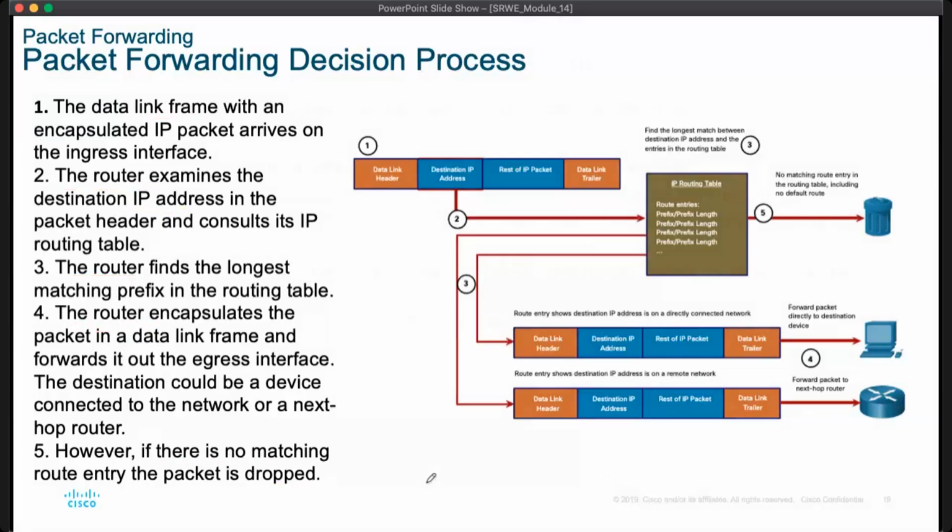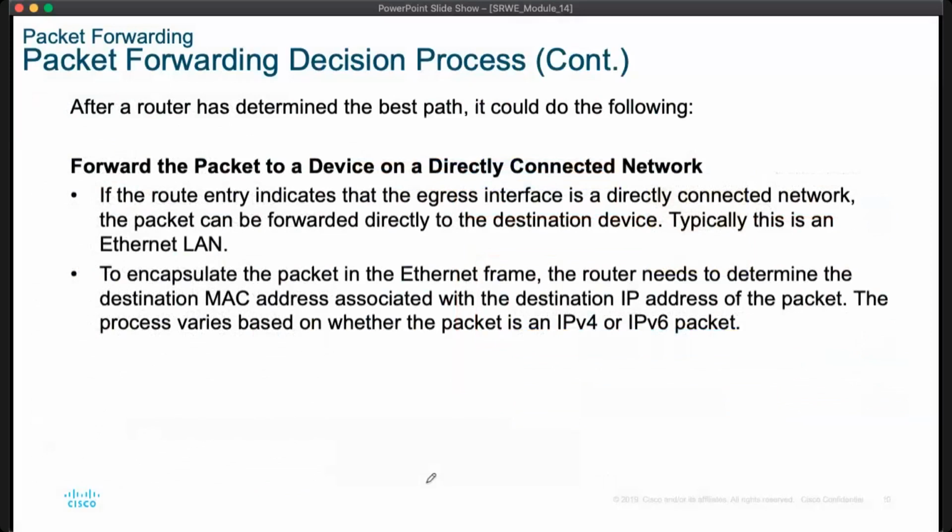That's the process. After a router has determined the best path, it could either forward the packet to a device on a directly connected network. If the route entry indicates that the egress interface is a directly connected network, the packet can be forwarded directly to the destination device.